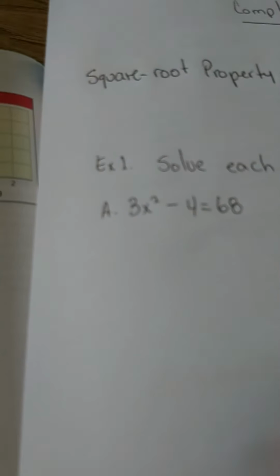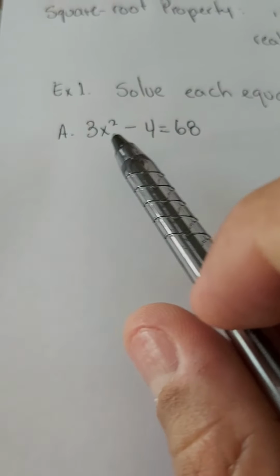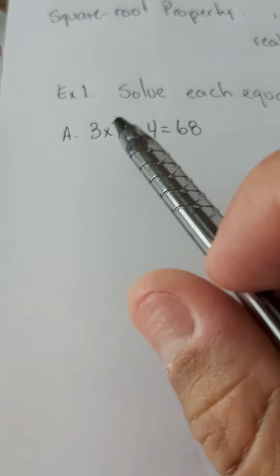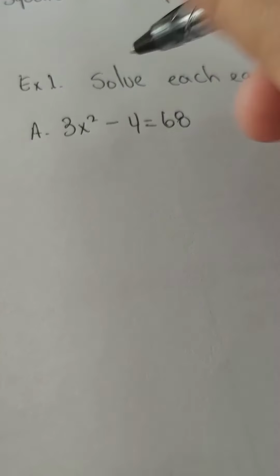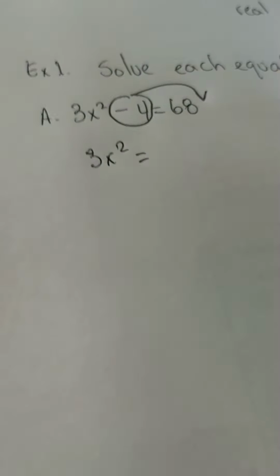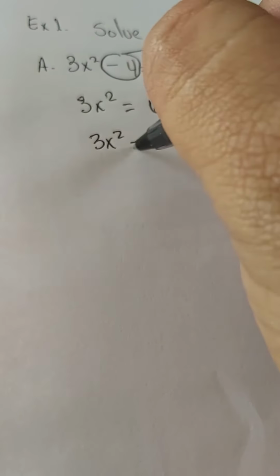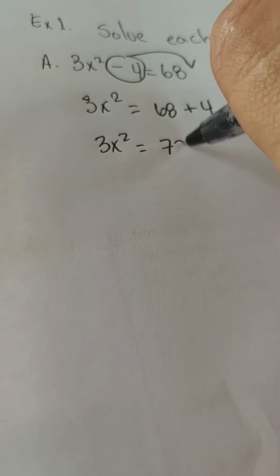Try to leave x by itself. Notice, in this example, we only have one x. Yes, x squared, right? So we're going to pass negative 4 to the other side. We get 3x squared equals 68 plus 4. 3x squared equals 72.